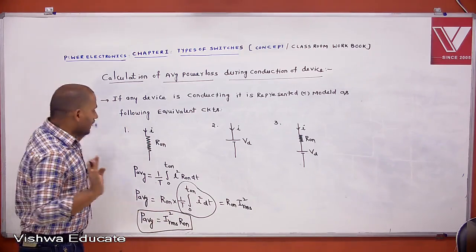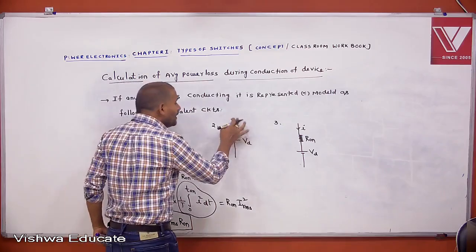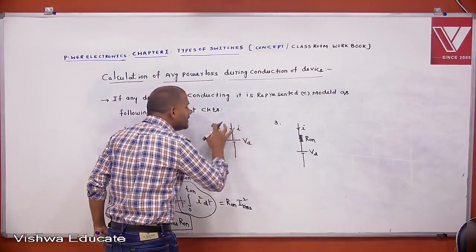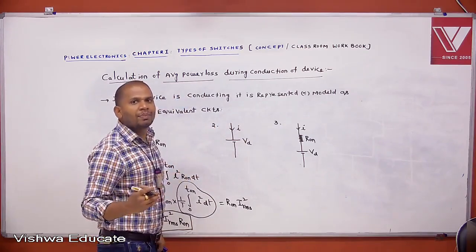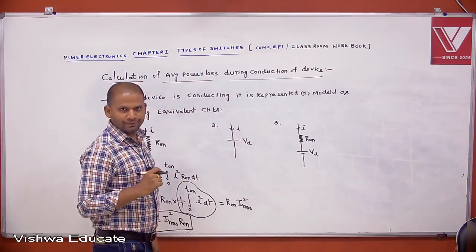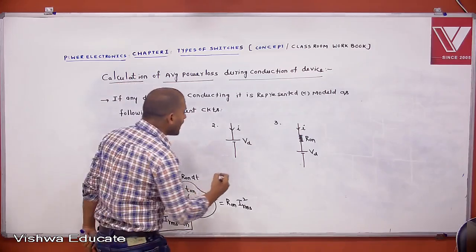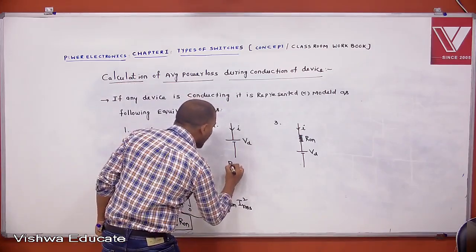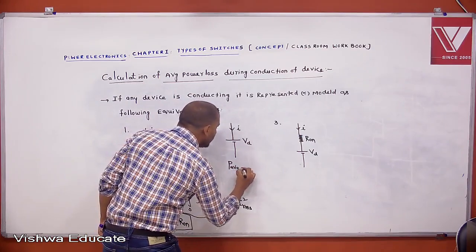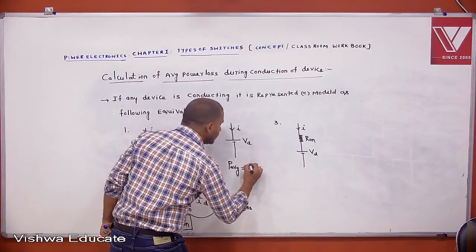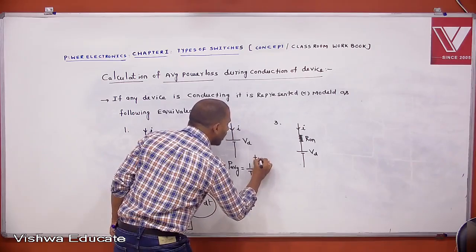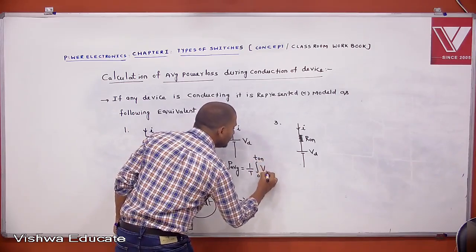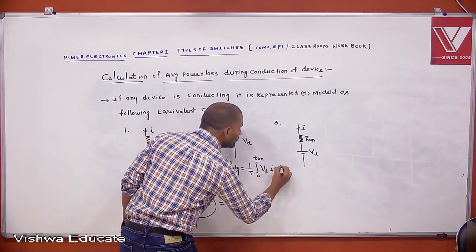Okay. Next, if any device is represented with equivalent voltage drop, or some cut-in voltage, then how to calculate average power loss? Then P average equals 1 by T integral 0 to T on of Vd into I into dt.